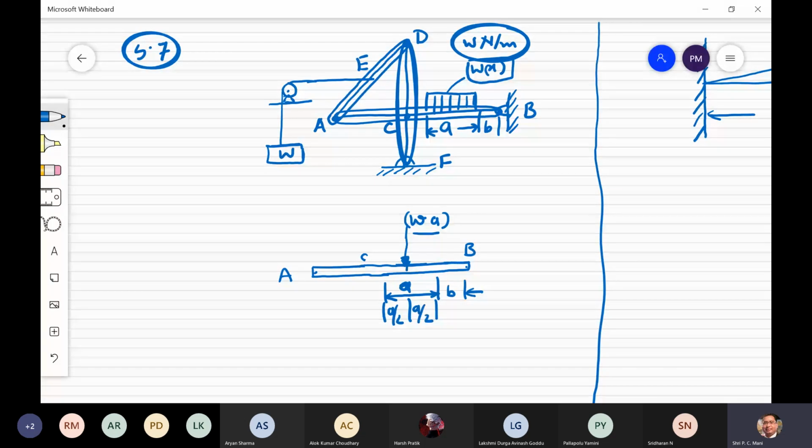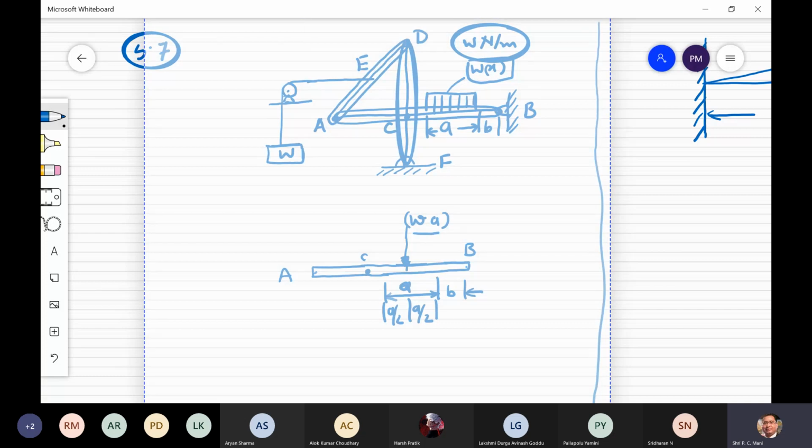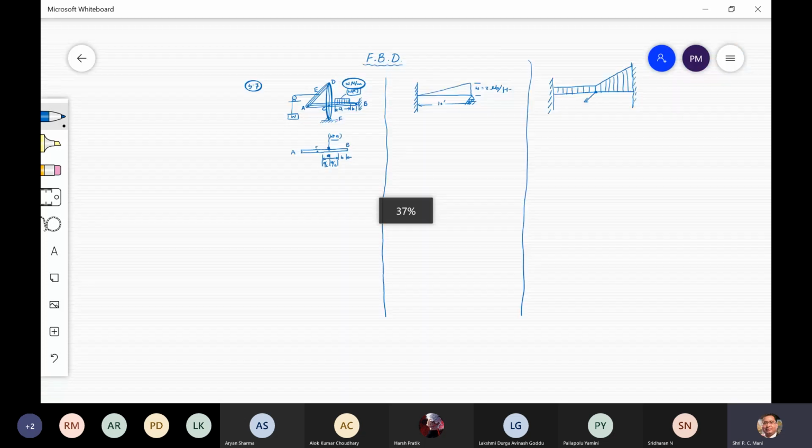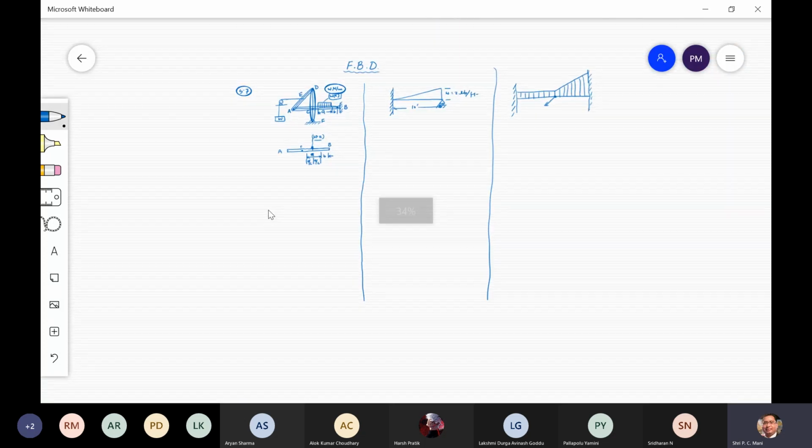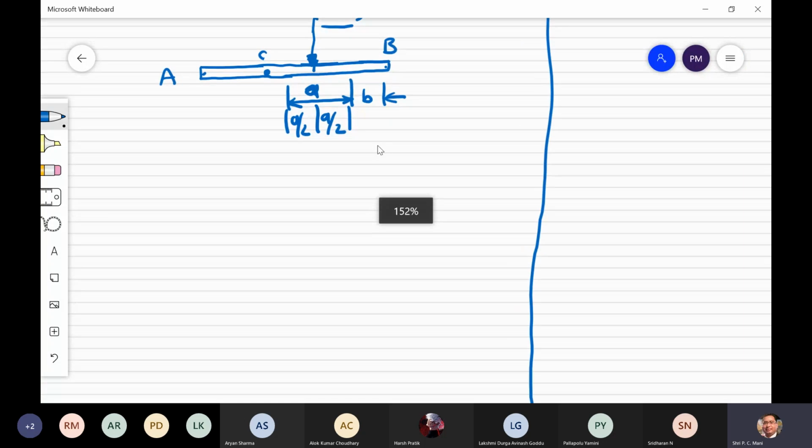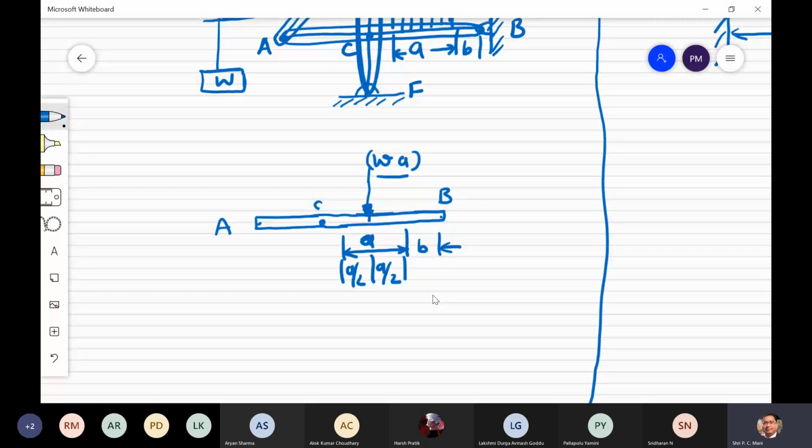Clear. Now at point C, this DF member is there. So here you have to apply Bx and By.